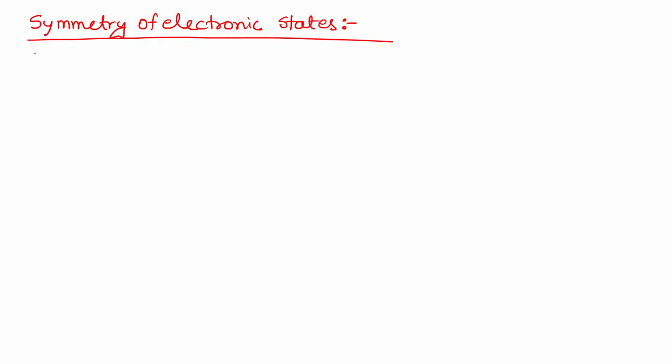Now let us discuss the symmetry of electronic states. Here, Professor Datta has discussed some of the rules, right? So what are those rules? Can you remember? I will just write down the condition and you can give me the rule.